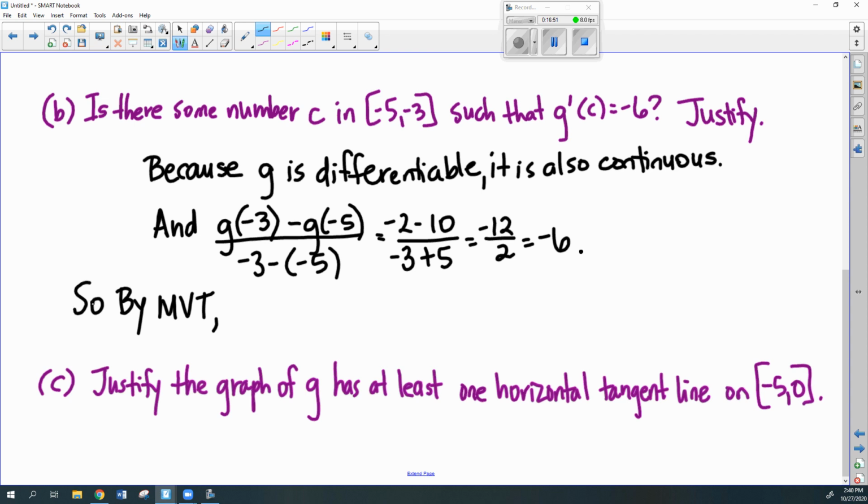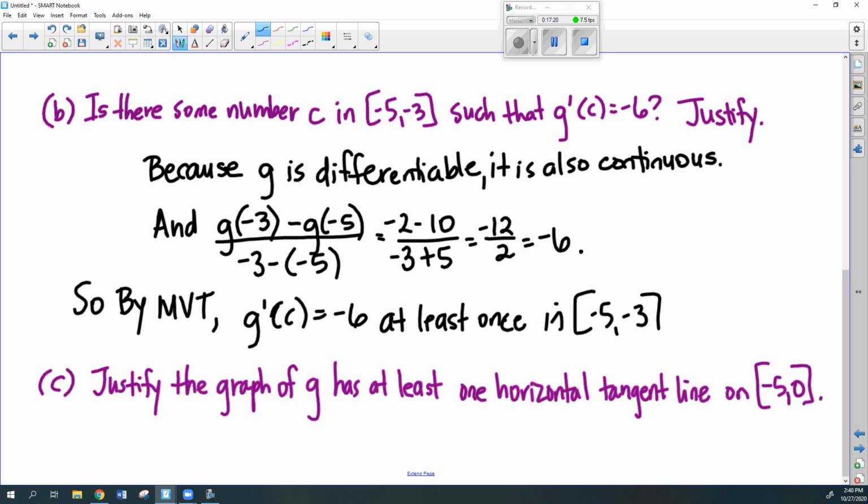So by MVT, g prime of c must also equal -6, at least once in that interval. Okay?